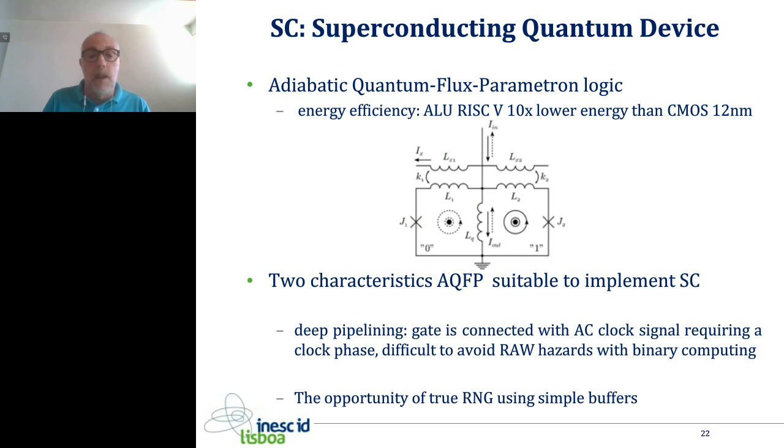And what is quite interesting is that the characteristics of this type of quantum devices are quite suitable to implement stochastic computing. I'm not going too much into detail, but the main advantage I can summarize is that in devices based on this technology, the gates are connected with AC clock signals, which requires a clock phase, which means that it's difficult to avoid read after write hazards if you do a binary type of architecture.